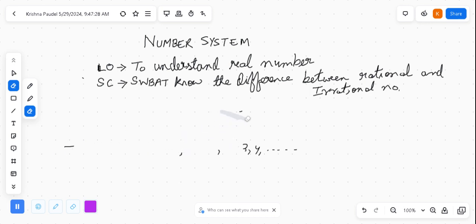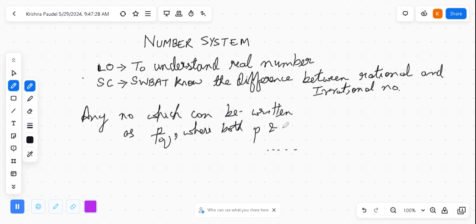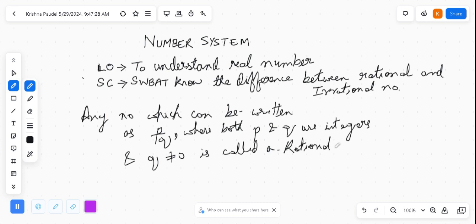The definition of rational number tells: any number which can be written as p by q, where both p and q are integers and q is not equal to 0, is called a rational number.